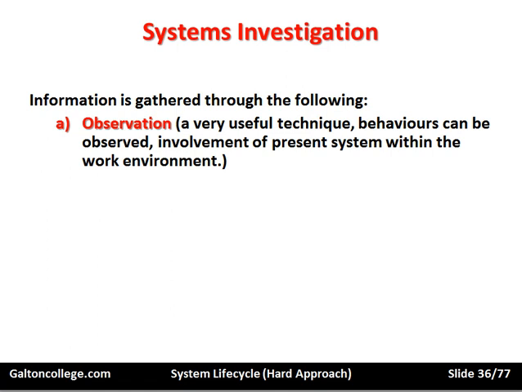I have to appreciate that it leads to errors sometimes, or there may be inaccuracies in recording what is seen, but observation is a very powerful technique, and it's a very widely used one. So looking at an existing system and recording what's seen or what is experienced is very valuable. Of course, steps must be taken to ensure the accuracy of what's seen and what's experienced.